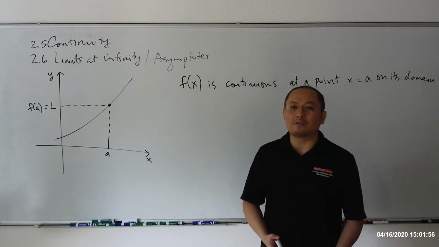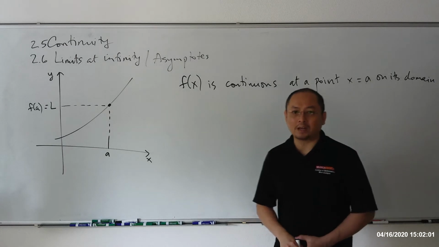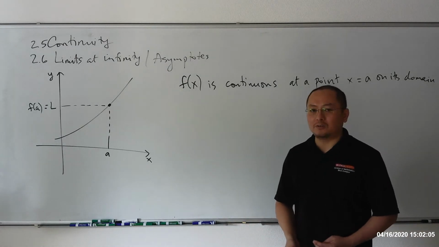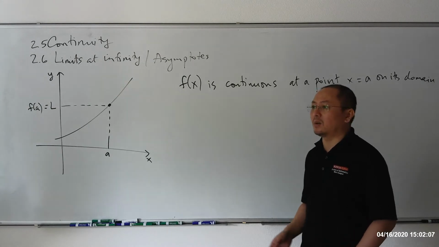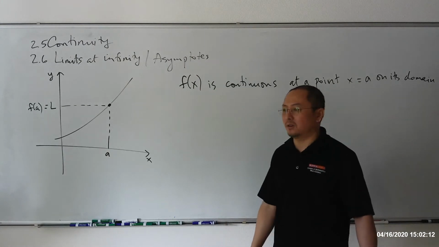So whenever you have a function, the very first thing you have to care about is the domain of that function. When you talk about whether a function is continuous at a point, that point has to be in the domain of that function. That is the first condition.